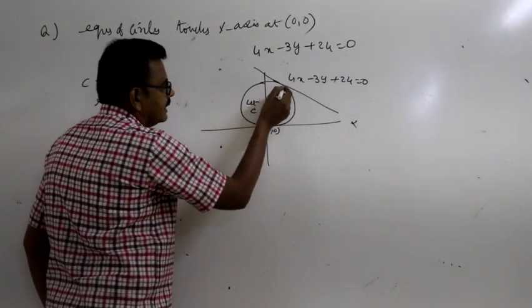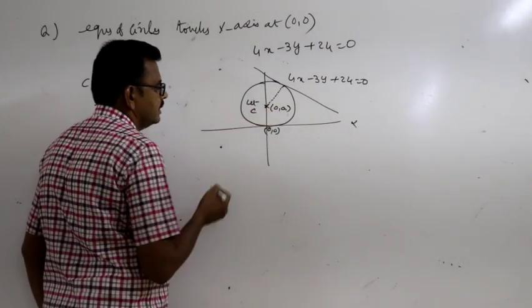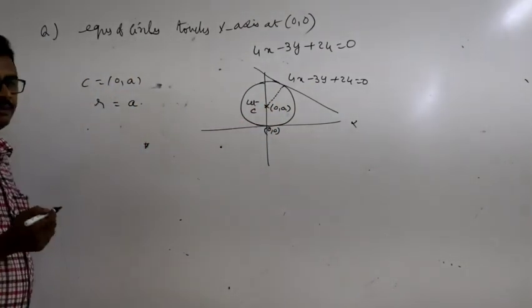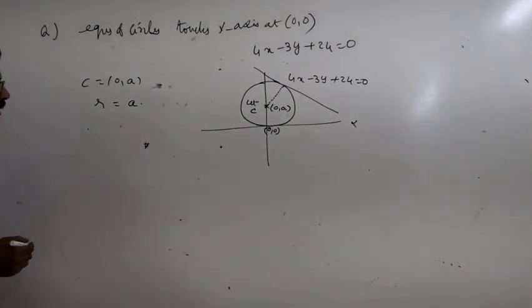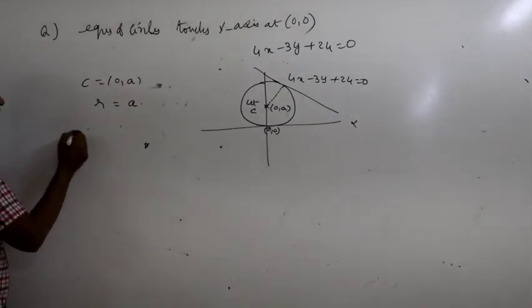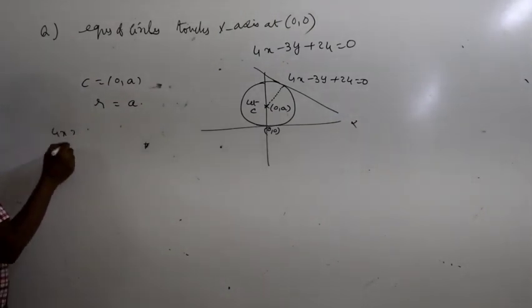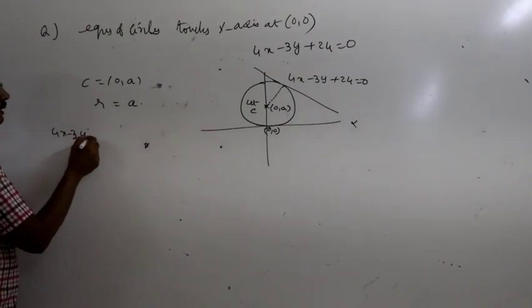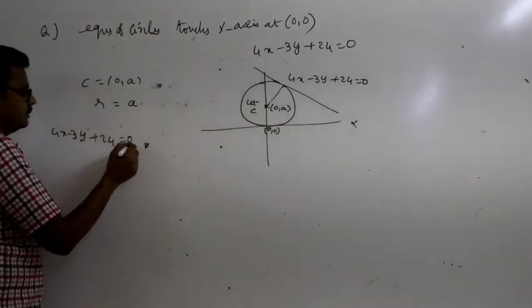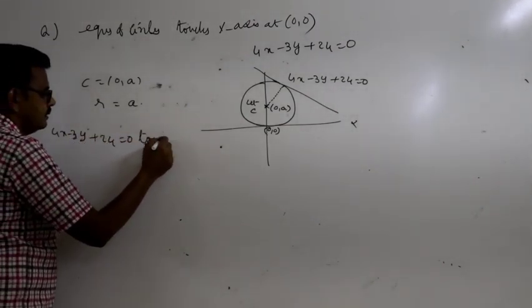And also the line touches the circle. So the condition for tangent is r equal to d. The line 4x minus 3y plus 24 equal to 0 touches the circle.